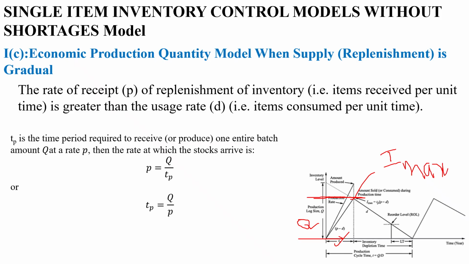So this Imax equal to TP into P minus D.